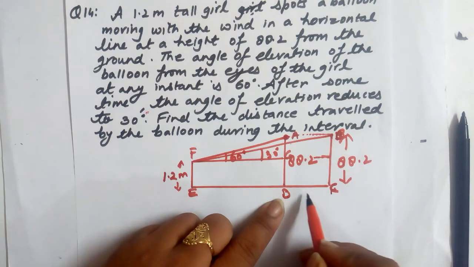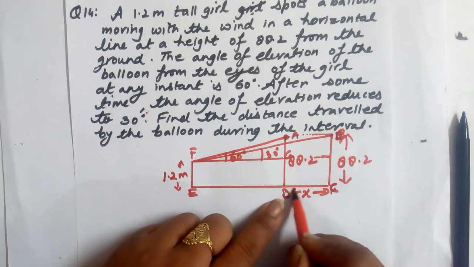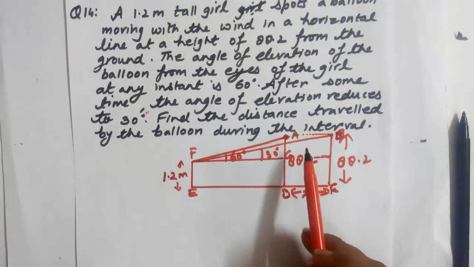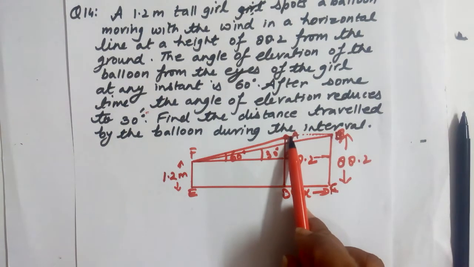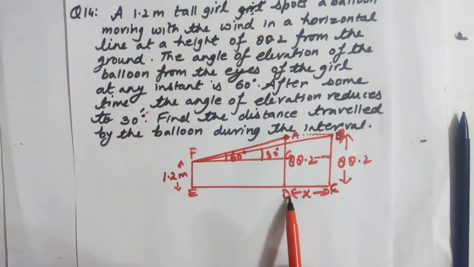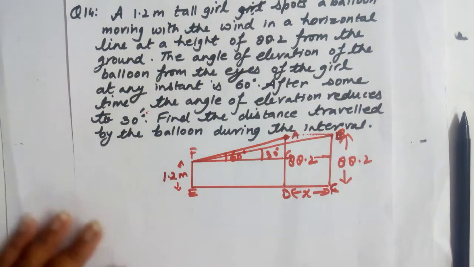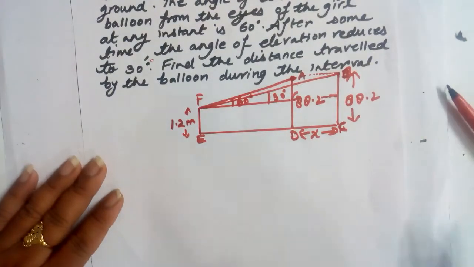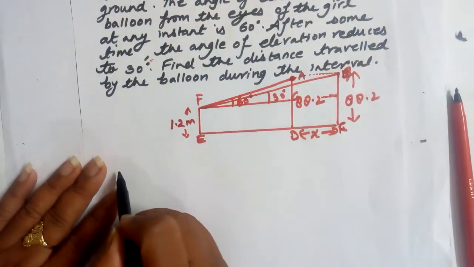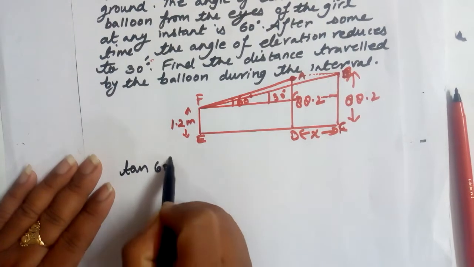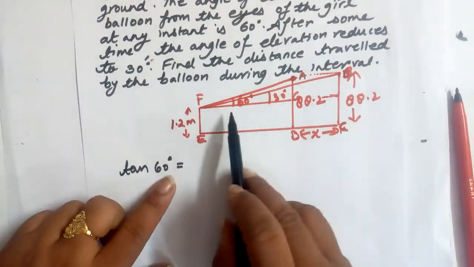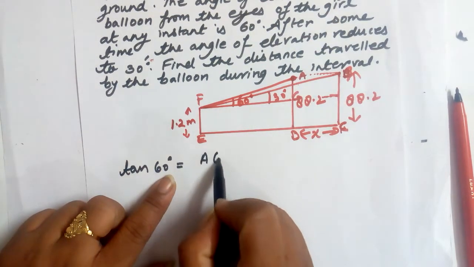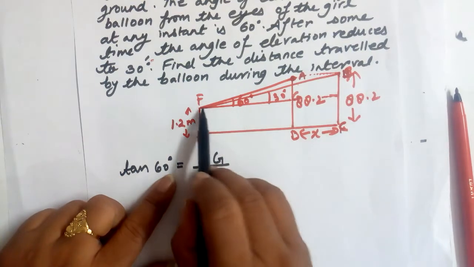So let this distance be x. Basically our aim is to find the distance the balloon has shifted from point A to point B, and here AB is equal to DC. Now how can we find it? If we see here, tan 60 degrees is equal to AG upon FG.